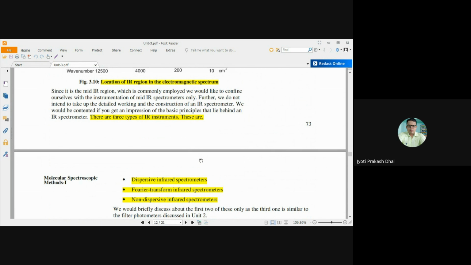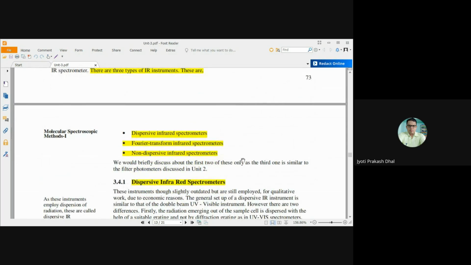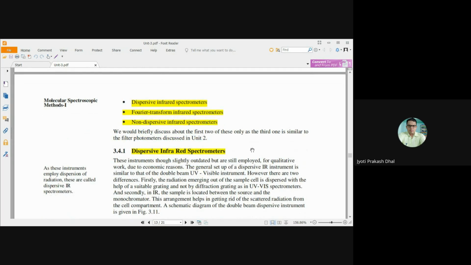There are three types of infrared instruments. The first one is the dispersive infrared spectrometer, the next one is the Fourier transform IR spectrometer, and the next one is the non-dispersive IR spectrometer.